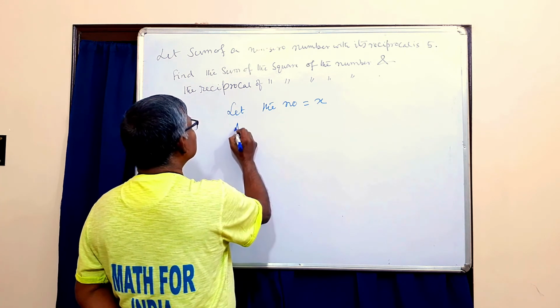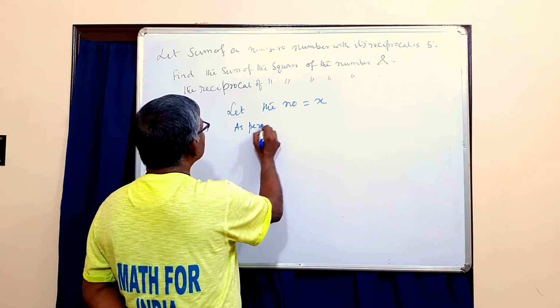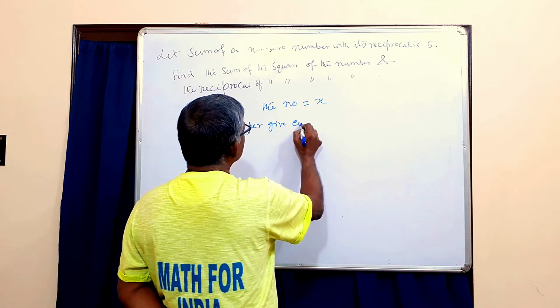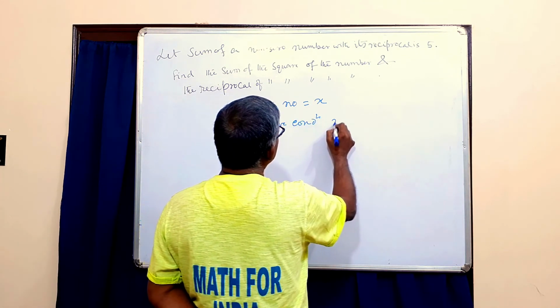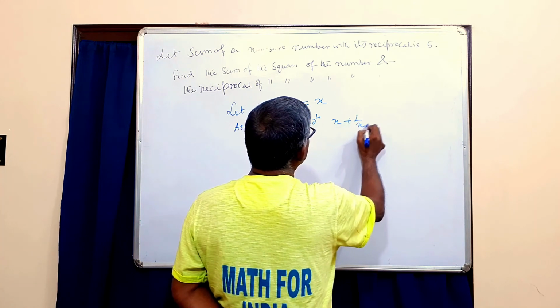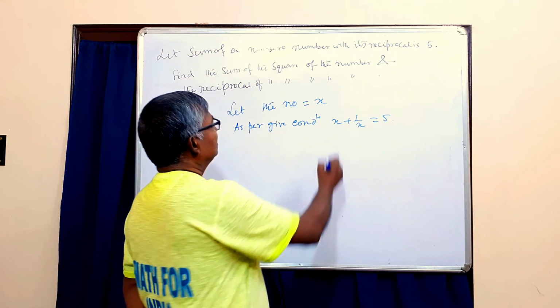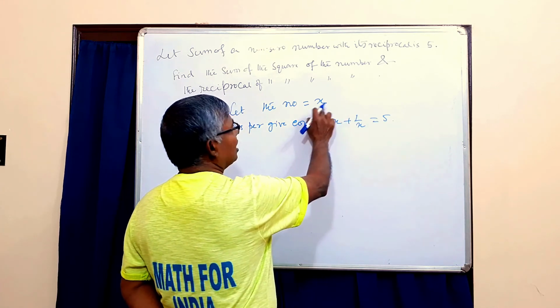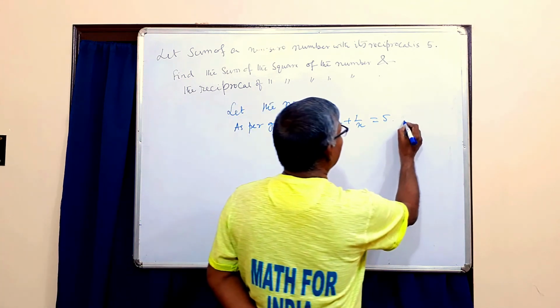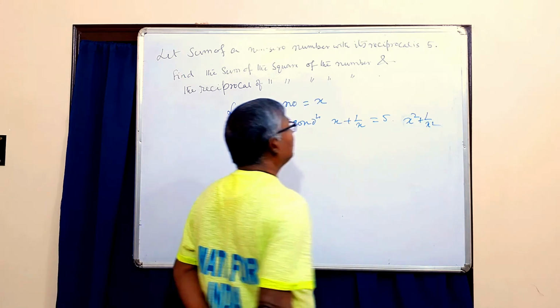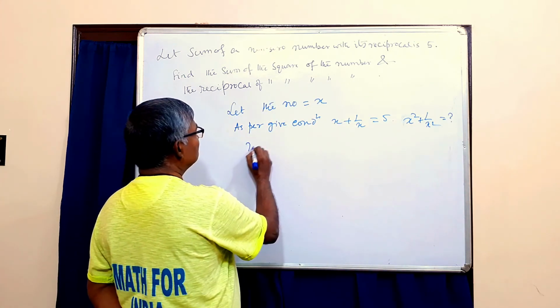As per given condition, x plus 1 by x equals 5. Here 1 by x is the reciprocal of the number. We have to find out the value of x square plus 1 by x square.